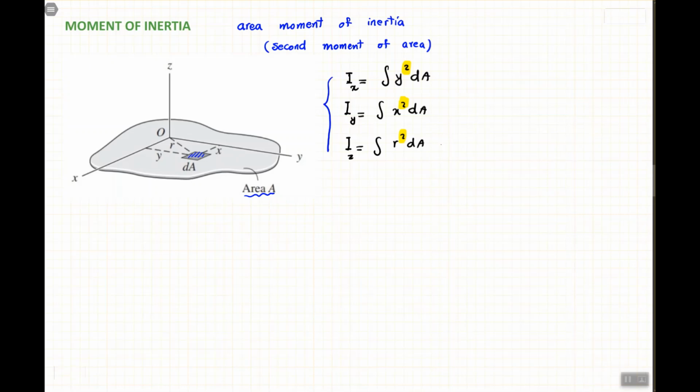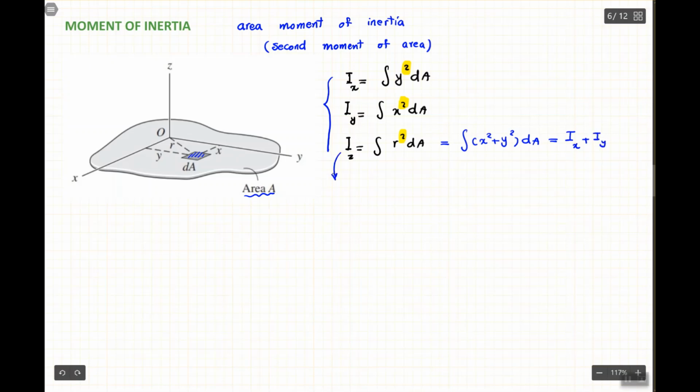And here, remember that is Iz, and this r squared I can replace by x squared plus y squared, dA, it gives me Ix plus Iy.